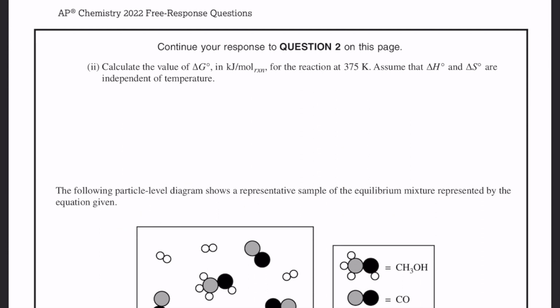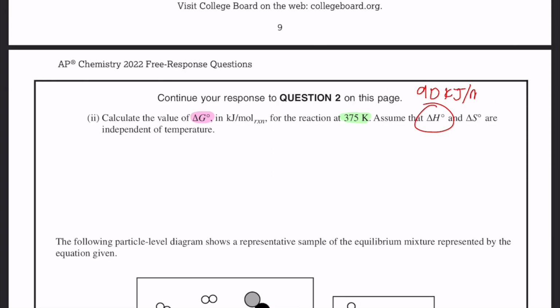In this next subpart, we have to calculate Gibbs free energy. We're given the temperature. Remember, we were given this standard enthalpy change at the beginning of the question, so let's write that here for reference. Of course, our delta S was solved in the previous part. That was our 220.